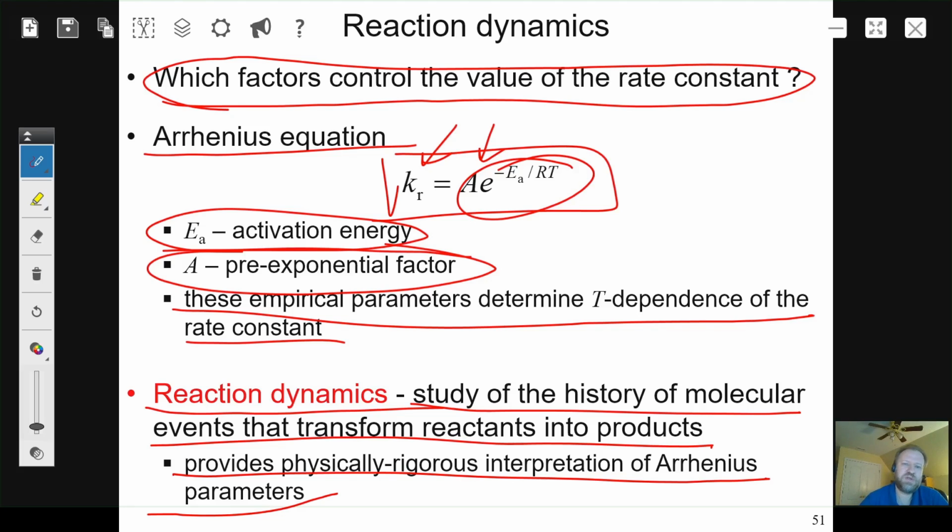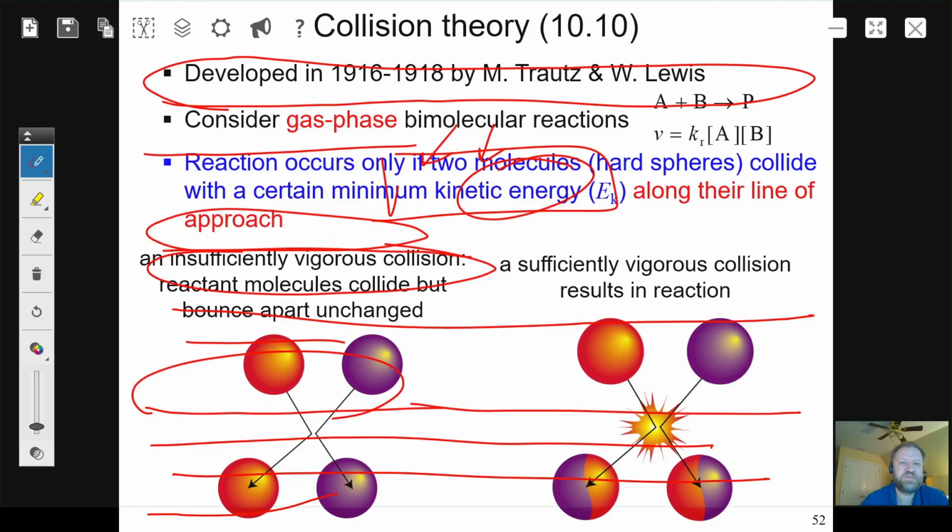Okay, and of course, then using the Arrhenius equation, you can determine empirically the activation energy and the frequency factor or pre-exponential factor. Now the question is, what's the physical meaning of these parameters? And that's where reaction dynamics, which is a subdivision of kinetics, should tell us.